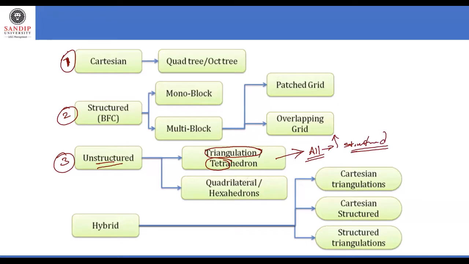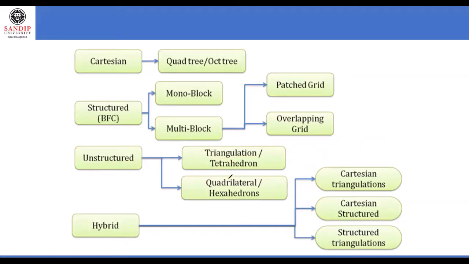Whereas when you go for quad or hexahedral cells, in this particular category we will see that most of the cells are unstructured. They are not even able to be categorized as completely structured or unstructured cells. So in quads or hexahedral cells, we'll mostly get unstructured grids.